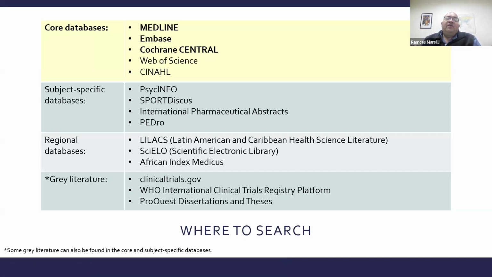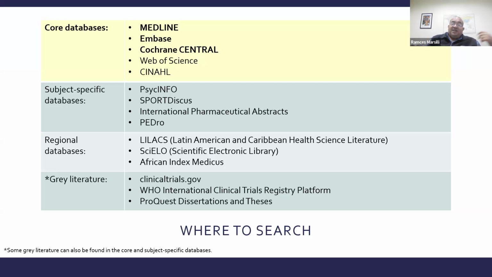For example, you always have some core databases, especially for health sciences, like Medline, Embase, Cochrane Central, Web of Science, which also actually contains a lot of social sciences and psychology too, and CINAHL.